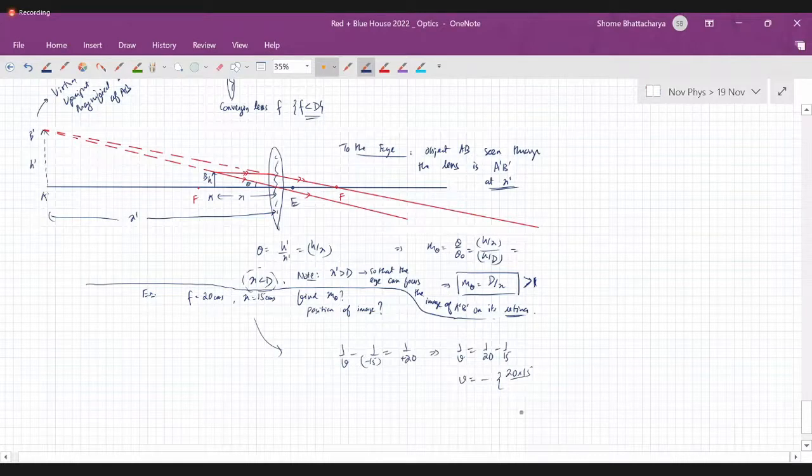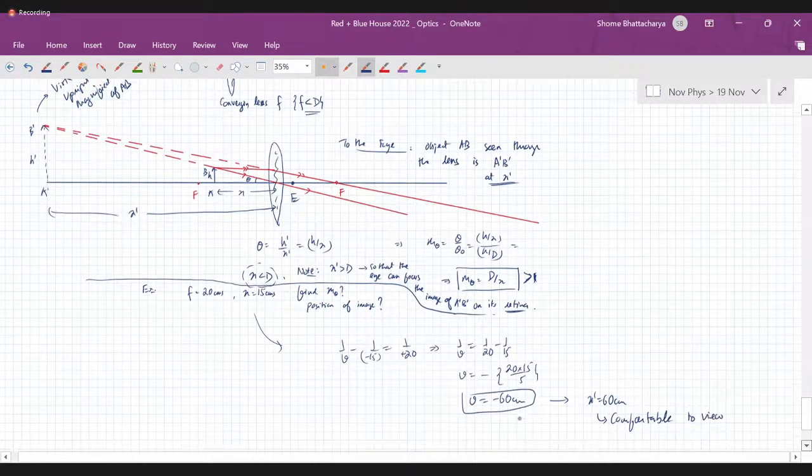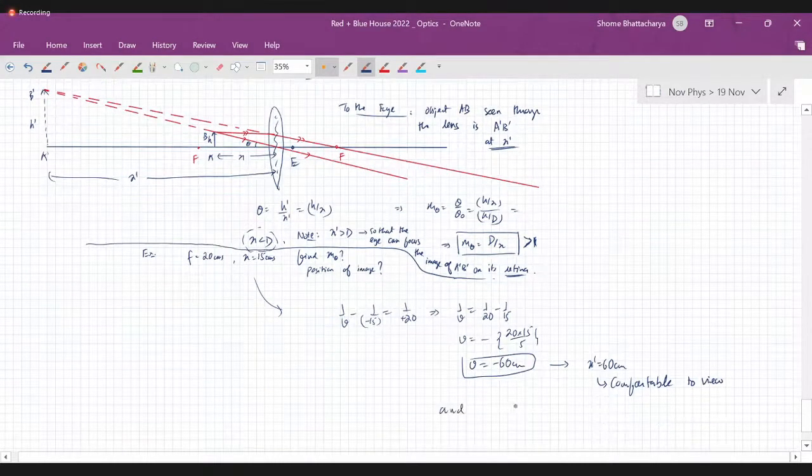So you can see that the eye is very comfortable in this case. x prime is 60 centimeters, so you can comfortably view it and focus on the retina, but it's also achieving an angular magnification of d by x. So 25 centimeters divided by 15, so almost 2, about 1.67, that kind of angular magnification.